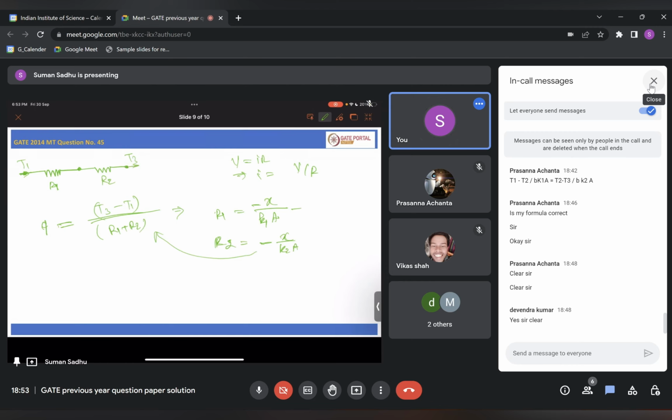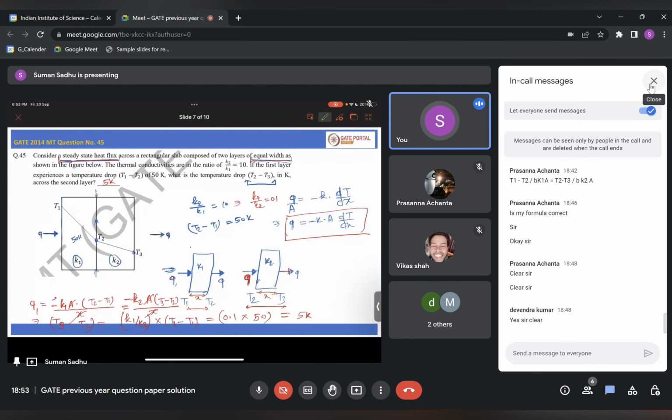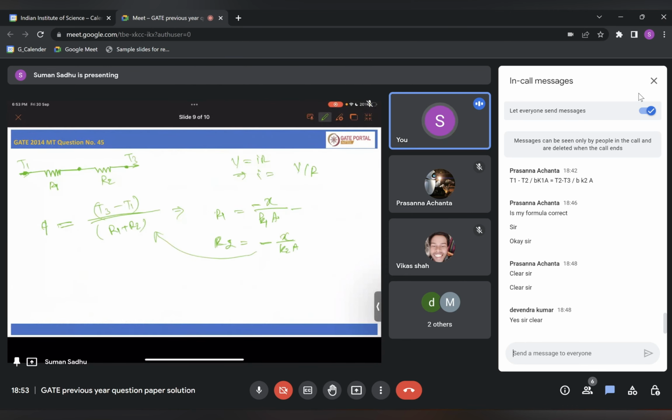Now, for this simple question, if you solve like I solved earlier, that will also be fine. But sometimes the question comes like this. This is one slab, this is another slab, this is another slab, and this is another slab. The total is 4 slabs.